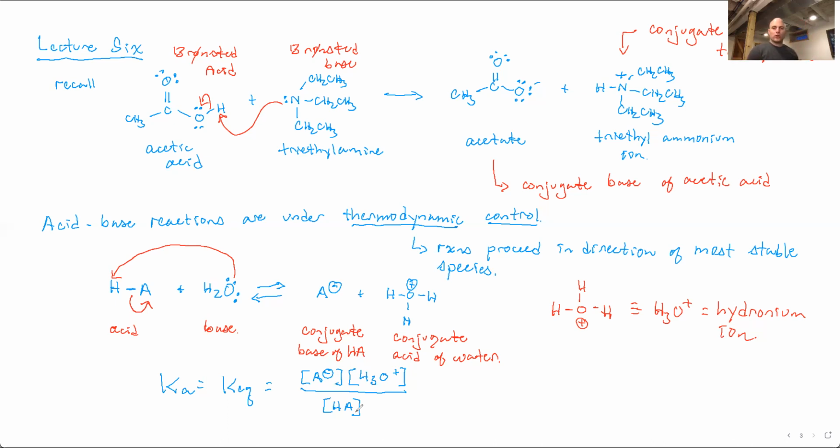And so in order to get it onto a scale that we can easily talk about, we introduce the term pKa. And p is a function. It means minus log. So you can have p of virtually any number. The pKa equals minus the log of Ka.